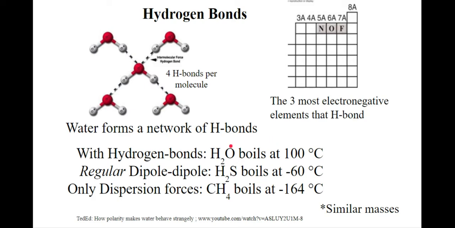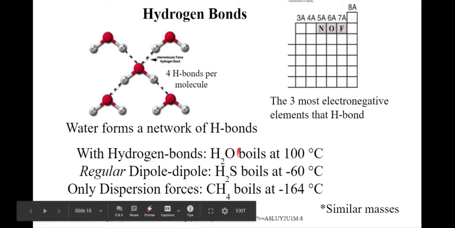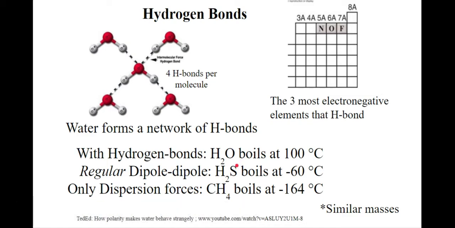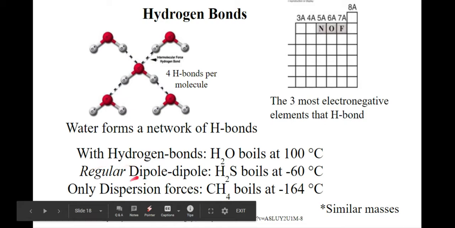So if you change the oxygen out for sulfur, it has the same geometry, but sulfur is less electronegative. It's not nearly as polar, and so it only has regular dipole-dipole forces. So notice the boiling point drops 160 degrees. If you change H2S to methane, where it's completely nonpolar, then with London dispersion forces, it drops another 100.